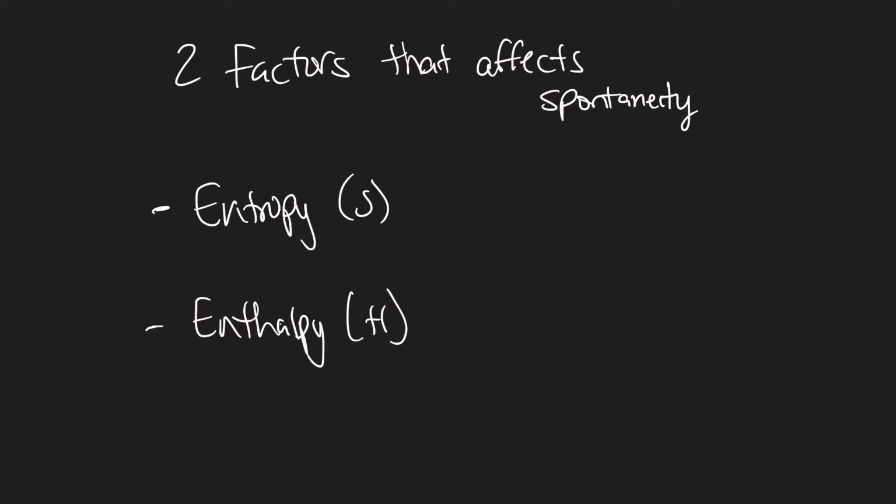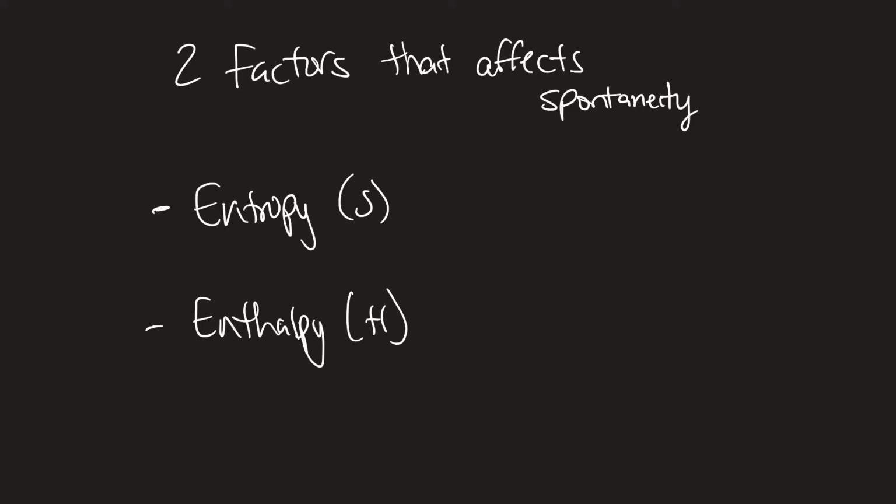These 2 things affect how spontaneous something may be. For a process to always be spontaneous, both enthalpy and entropy have to be favorable.